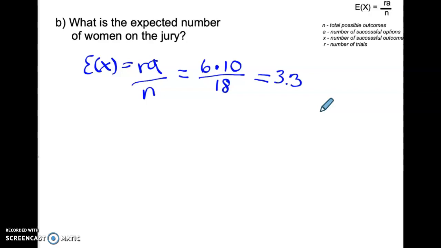It means in the long run, over the course of a long period, on average, what would you expect to get? So 3 1/3 roughly. Okay. And it makes sense that over half the jury would be expected to be female, since there was 10 females versus 8 males. So there's more females, so you would expect on average more than half the jury to be female.